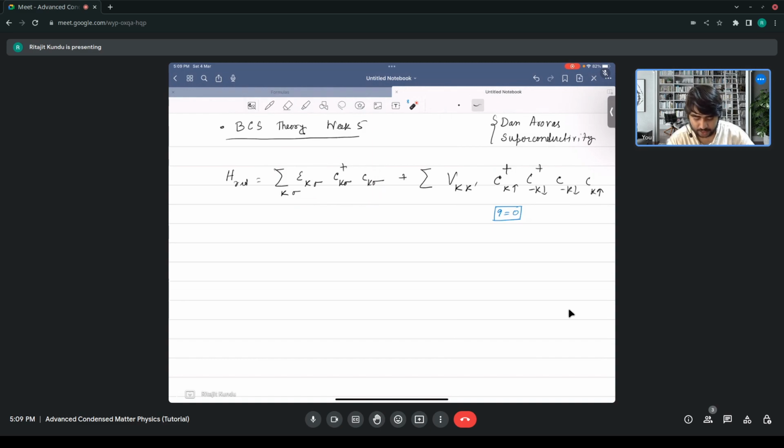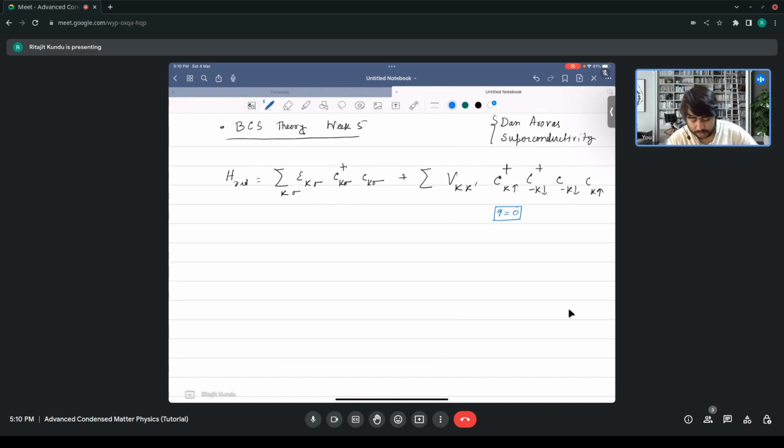In fact, it is already diagonalized. But as soon as you put in some four-fermion term, it is not possible to diagonalize in a simple way. But we can look into some tricks to diagonalize this Hamiltonian.